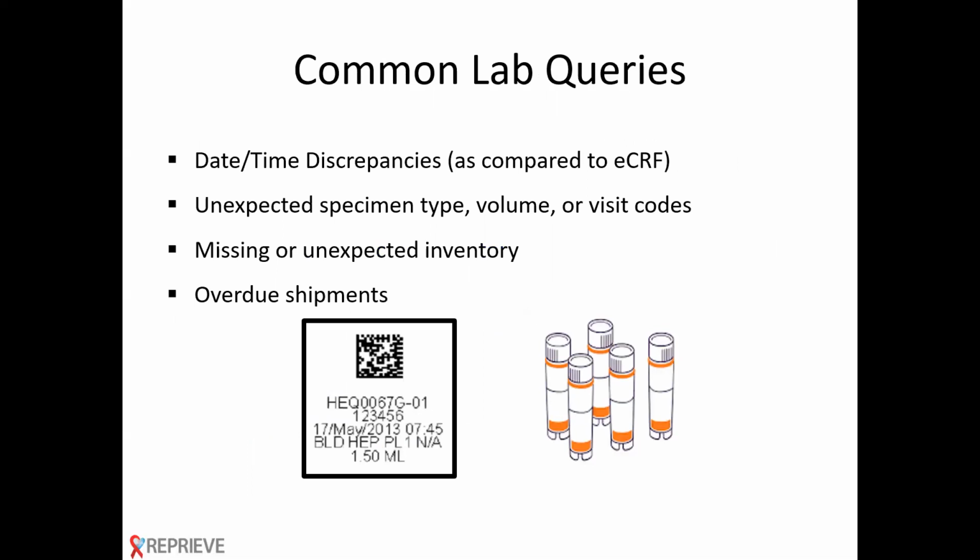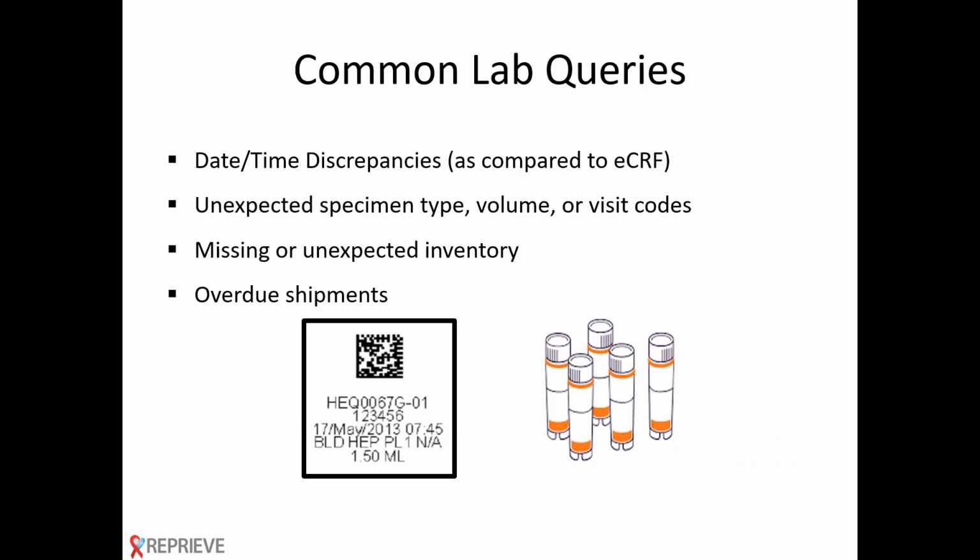So common lab queries. These are some of the common issues, discrepancies and questions that we have about LDMS specimen inventory. And the first one is very common, time and date discrepancies. So what we're doing is we're comparing your LDMS inventory to the case report form, specifically the specimen collection form.